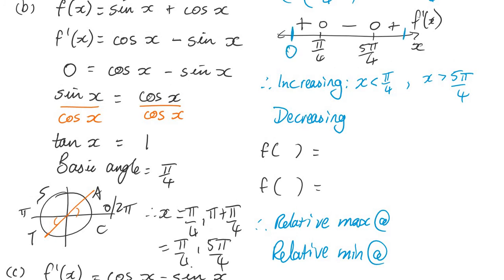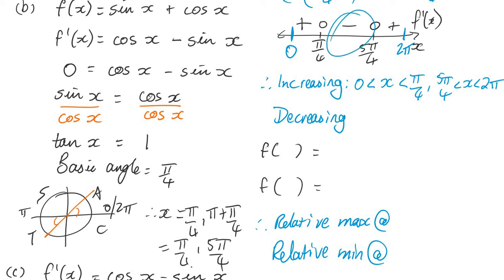So that's fine. Nothing changes there. That just has an impact on those regions on which it's increasing. So it's 0 to pi on 4 and 5 pi on 4 to 2 pi. Where is it decreasing? It's decreasing in this region here, from pi on 4 to 5 pi on 4.